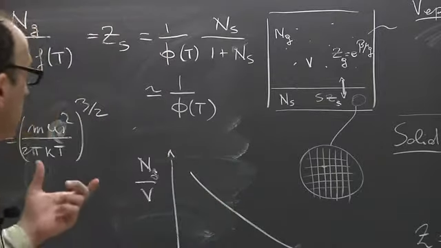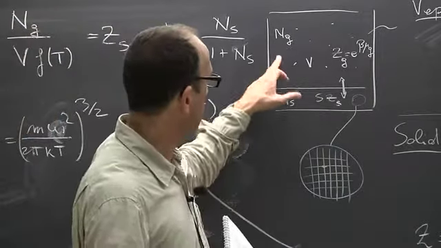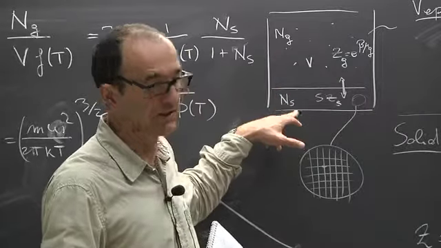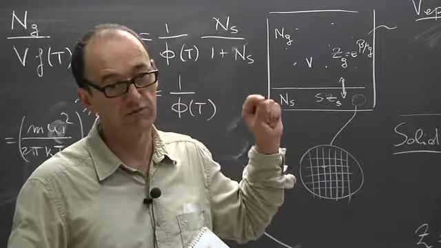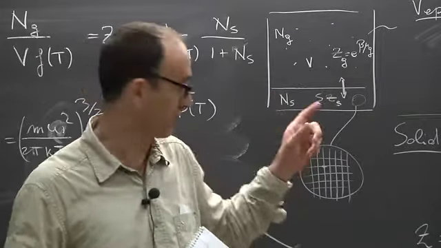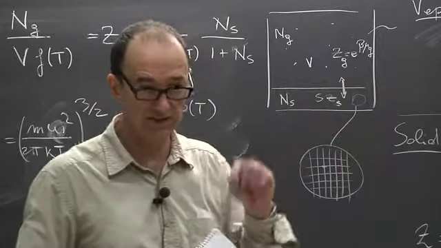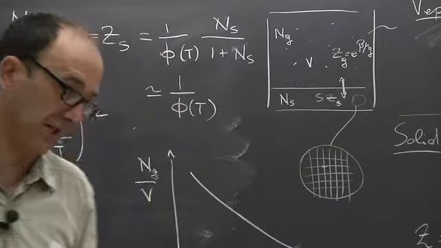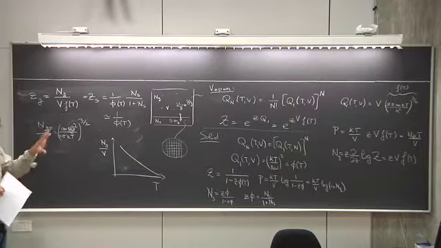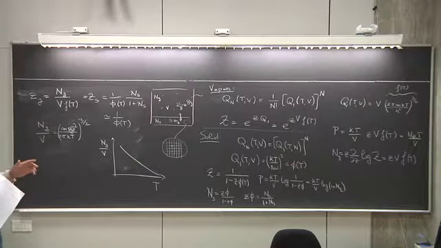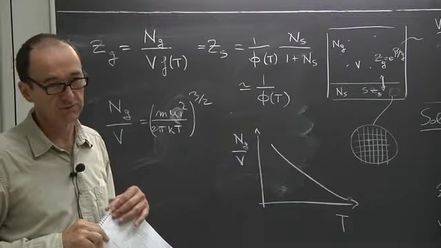So if these two numbers are comparable, this means that the volume of the solid is very small compared to the volume of the gas. Okay, so in this model, in this approximation, this will be 0.